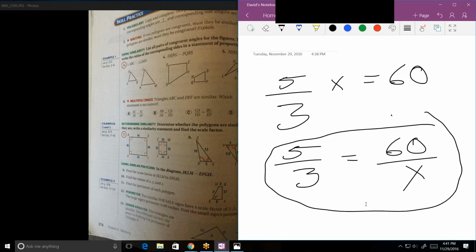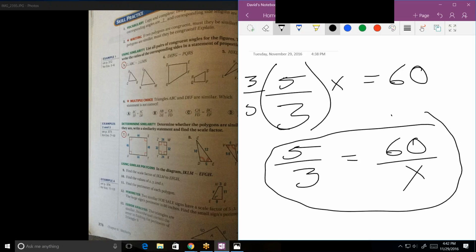But you're right. This way does not involve two steps. The bottom one, I've got to cross multiply and then divide both sides by 5. Whereas the top one, I don't even have to do it the way you did it. The way you did it was actually a little inefficient.